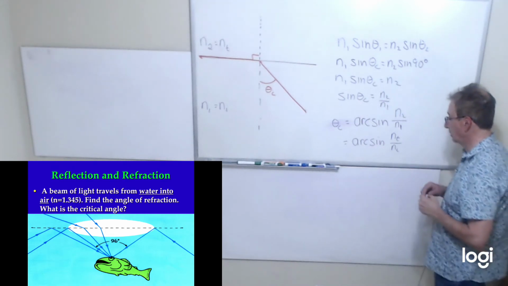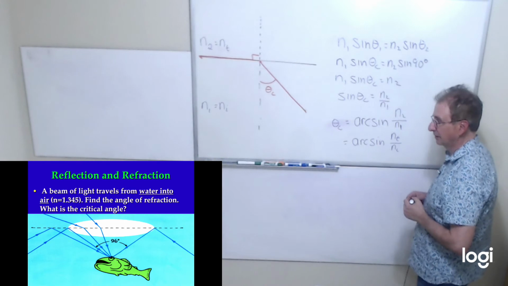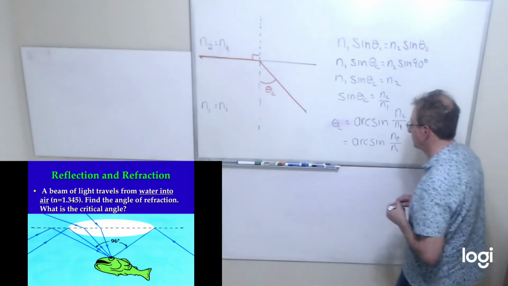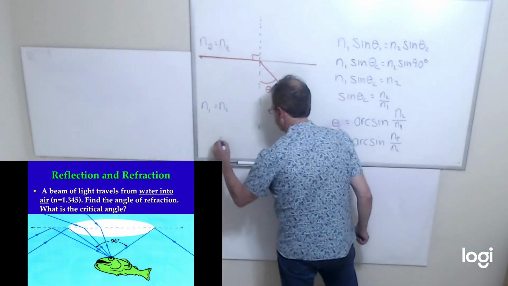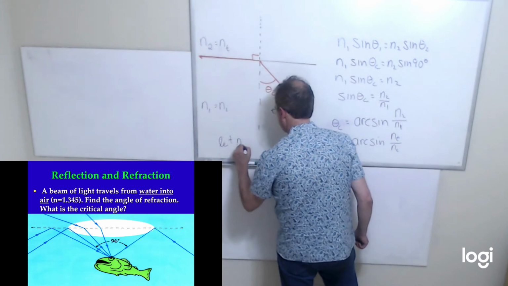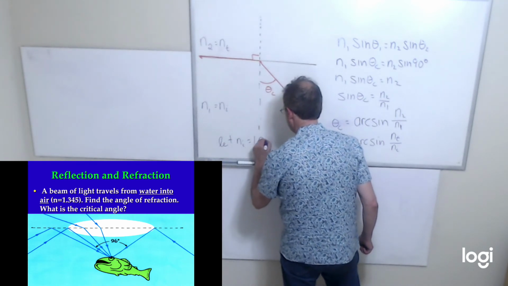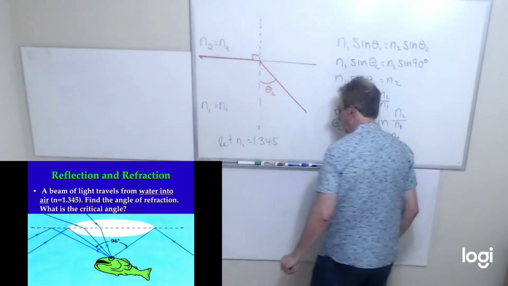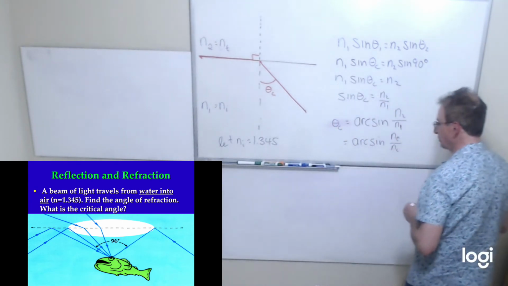Let's let the index of refraction of the incident medium be 1.345. Looks like water with some impurities in it.